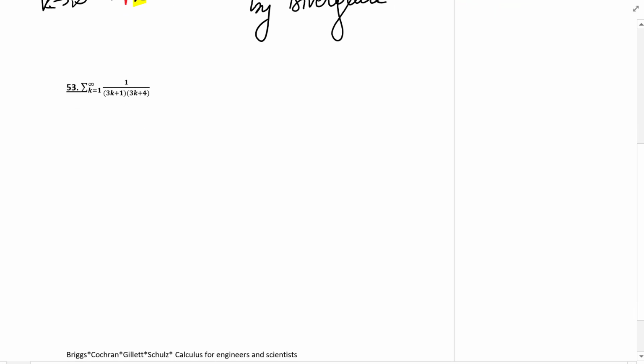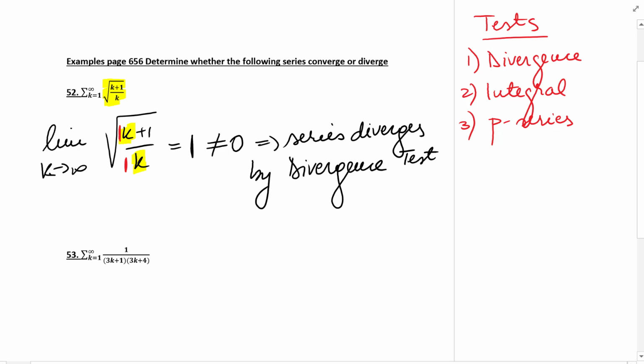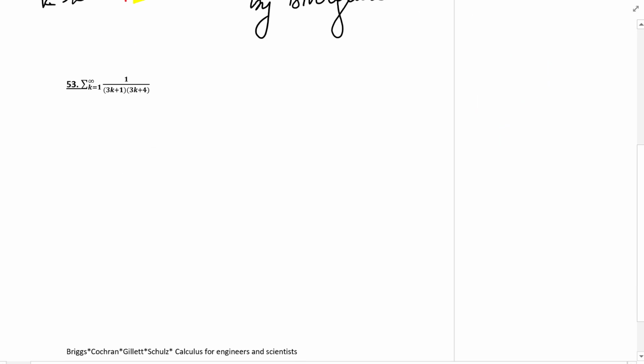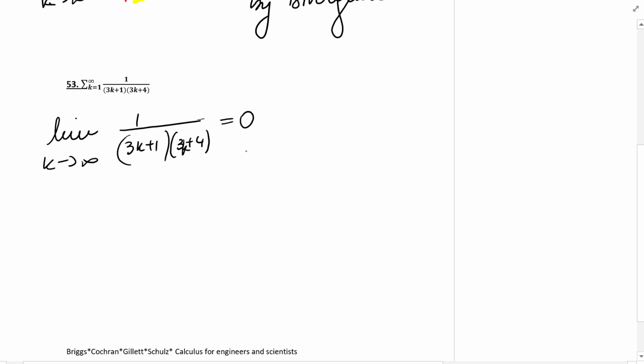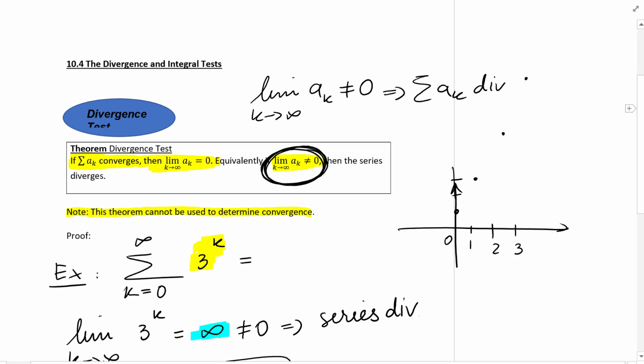Let's take a look at this problem. Again, out of these three, I'm going to use the divergence test. We start with the first one, so it's going to be 1 over 3k plus 1 times 3k plus 4. If we evaluate at k equals infinity, we get 0. The divergence test says that this theorem cannot be used to determine convergence.